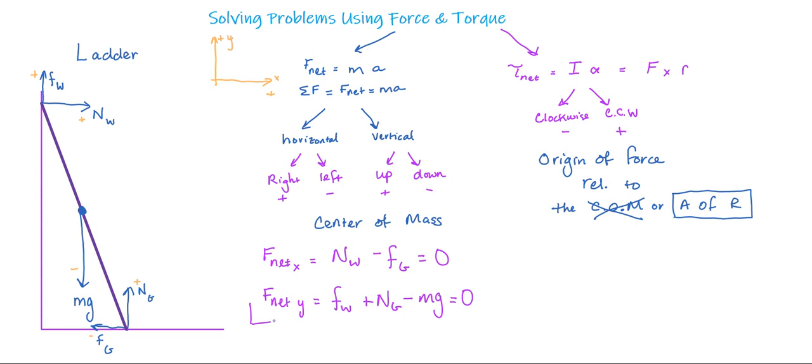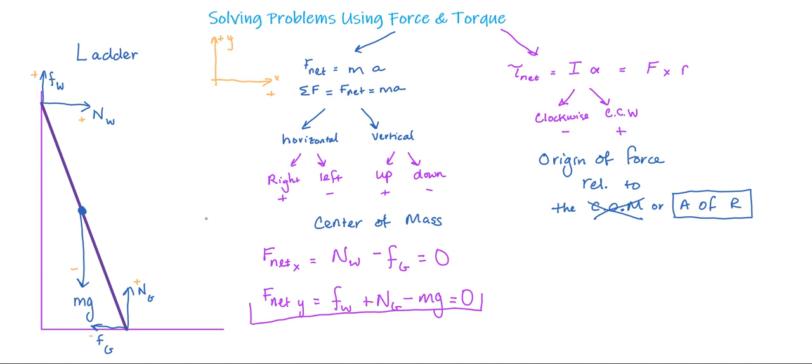Now sometimes you're not going to have enough information to solve using this method, and so what you're going to do is look at it from the torque perspective. Let's identify which forces are causing a torque and if they're clockwise or counterclockwise.